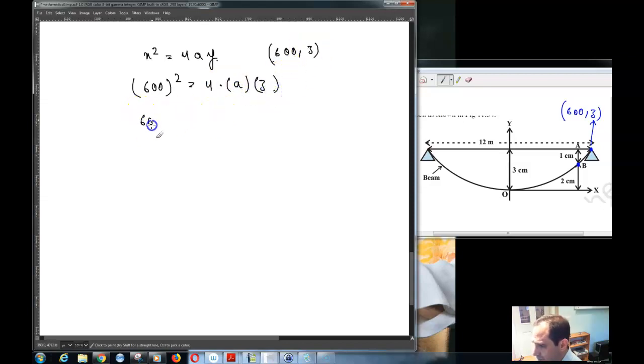600 squared is 360,000. So 360,000 is equal to 12a.